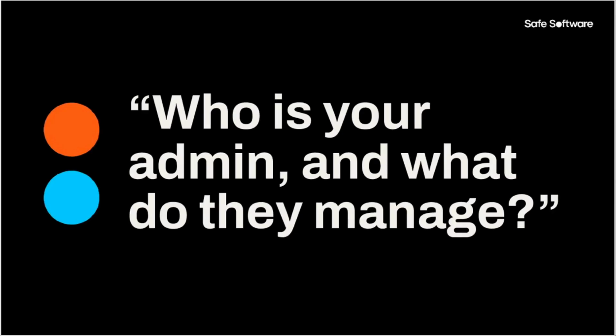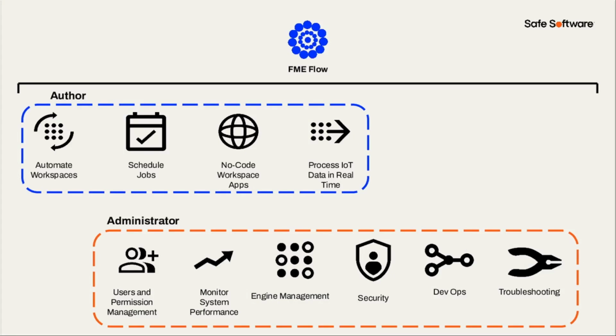Okay, so our first question here today is, who is your administrator and what do they manage? So I'll pass that to Richard. Great. So there's a lot of things the administrator can do, and in different organizations, they administer different parts of it. But here's a bit of a diagram from last time, expanded on it. It shows the author.